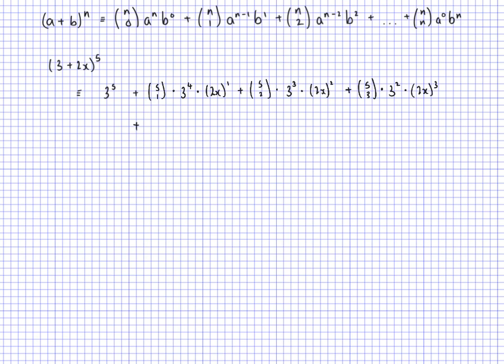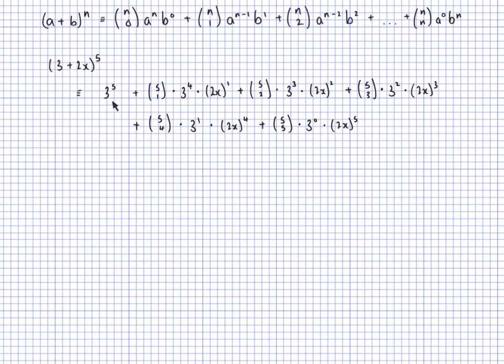And then the next term is going to be 5 choose 4 times 3 to the power of 1 times 2x to the power of 4. And the last term, I know 5 choose 5 is 1, but I will write it here. 5 choose 5 times 3 to the 0 times 2x to the power of 5.